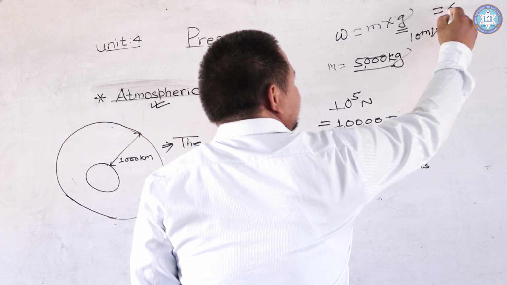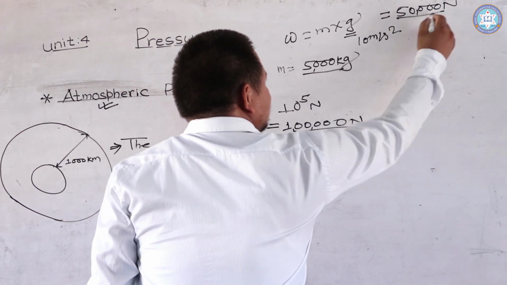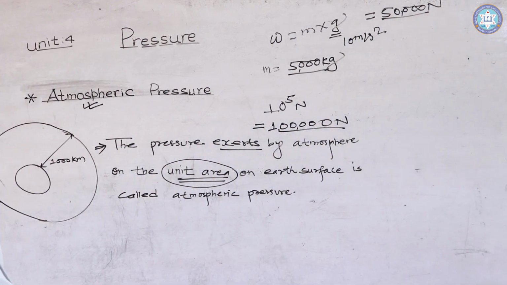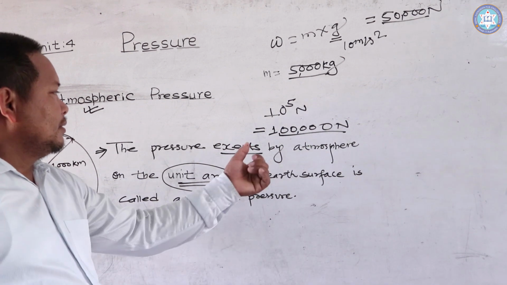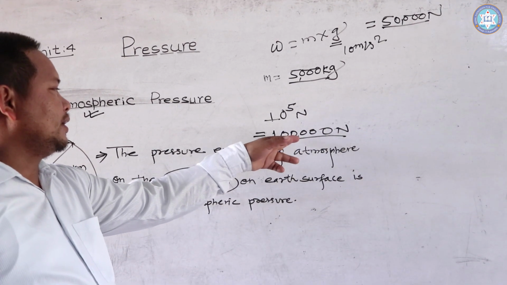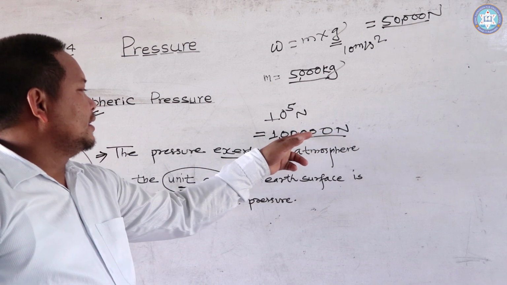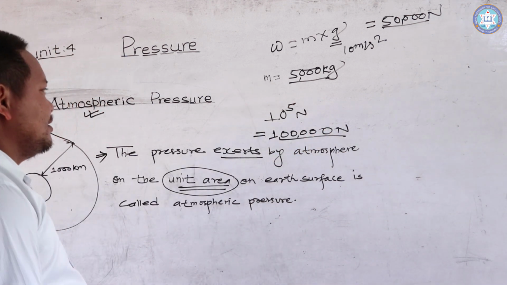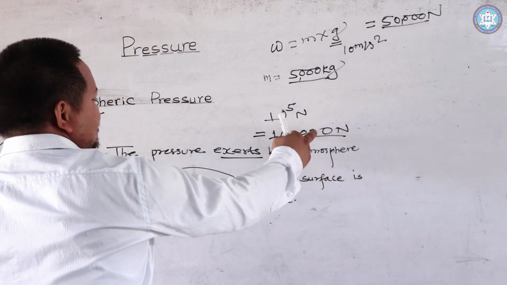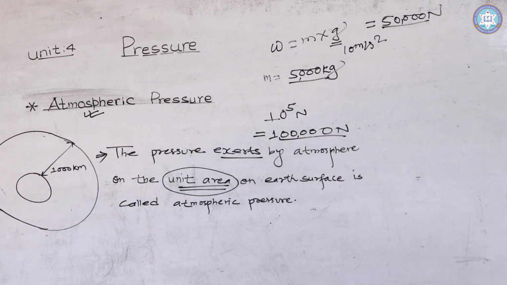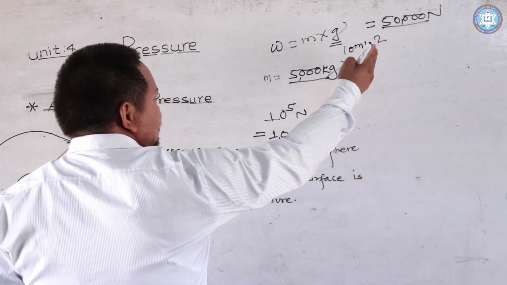It is nearly about 50,000 Newton. But just look here, how much larger it is than the earth weight. It's about 50,000. Only 50,000.